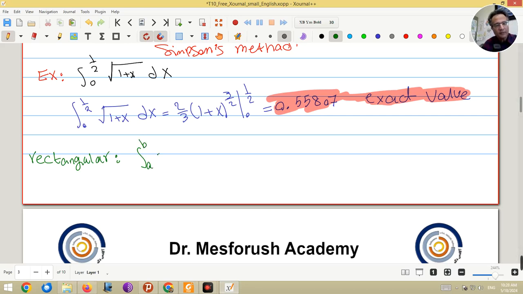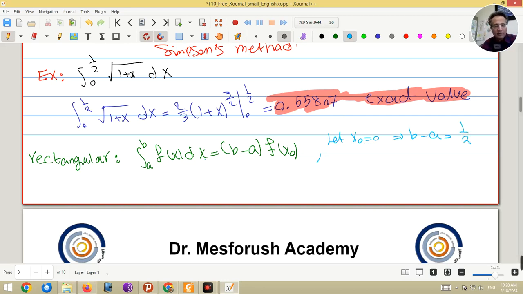The integral from a to b of f(x) dx is equal to (b minus a) times f(x0). Now if I let x0 be equal to 0, so b minus a is equal to half.